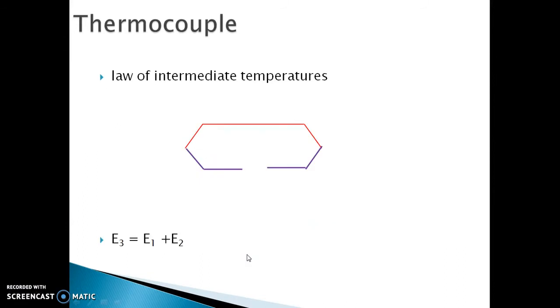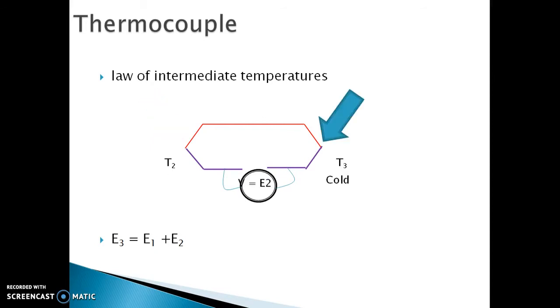The third law is very important for calibration of thermocouple. It is the law of intermediate temperatures. Consider we have two dissimilar wires with two junctions formed, J1 and J2. Here we maintain one junction at a hot temperature and another junction at a reference temperature T2. Then we get the EMF as E1.